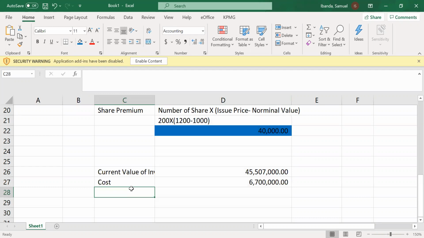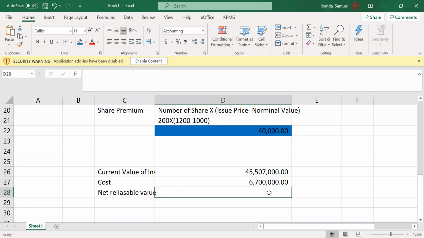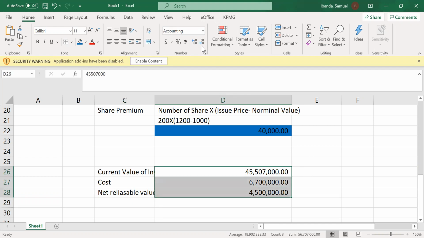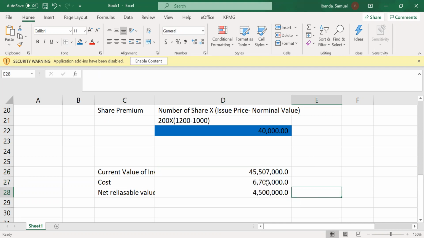And then we have cost, and then we have our net realizable value of 4.5. So that is what we basically have. So what I will do is I will remove this 6.7 and add the 4.5.